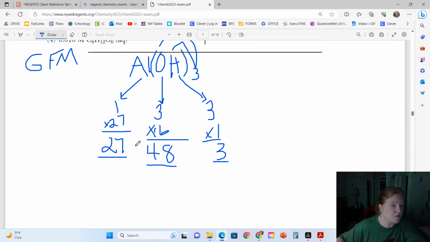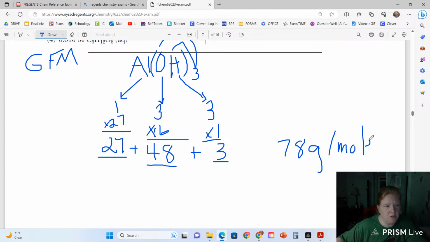To find the gram formula mass, I add these up. 7 plus 3 is 10, plus 8 is 18. Carry the 1, 4, 5, 6, 7. So 78 grams per mole is the gram formula mass of this compound.